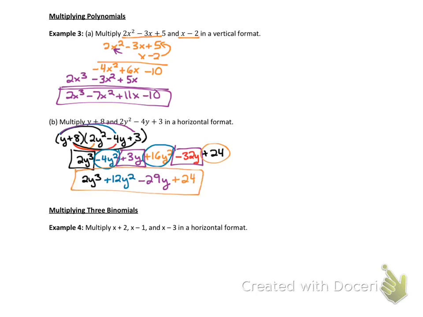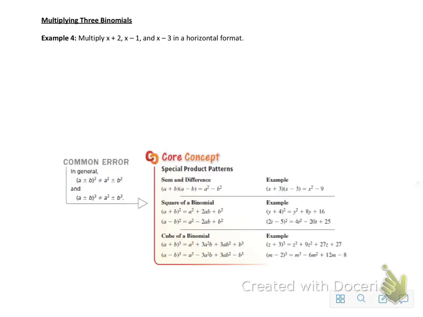Okay? So what if you have 3 binomials? Well, then you have to do it twice: once the first time and then again the second time. So in other words, if we have this, we want to write it as x plus 2, x minus 1, x minus 3. Well, let's double distribute just those first 2 first.